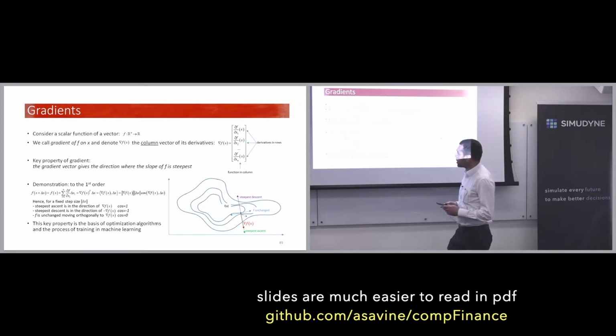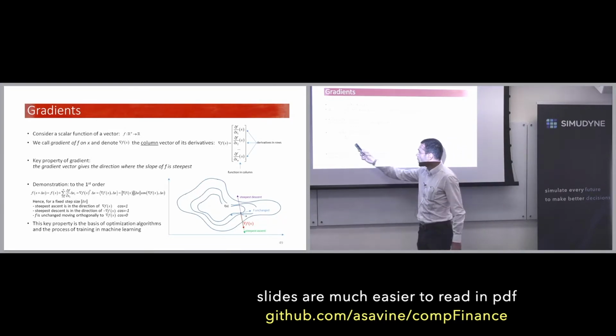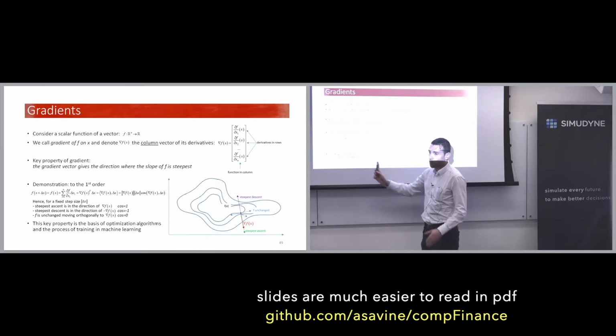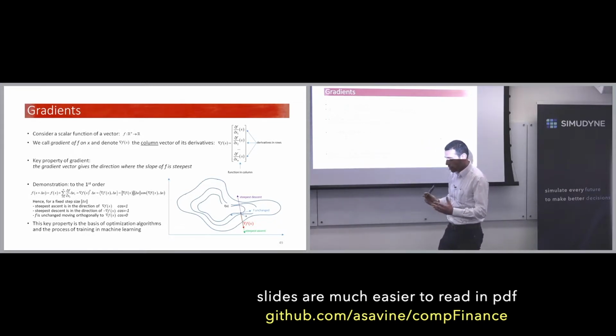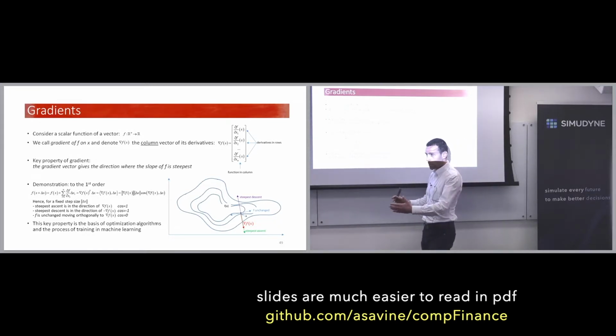And so for a fixed step delta x, if we fix the size of the step that we will be taking over the function, then we can see immediately from this formula that the size of the gradient is whatever it is, given.